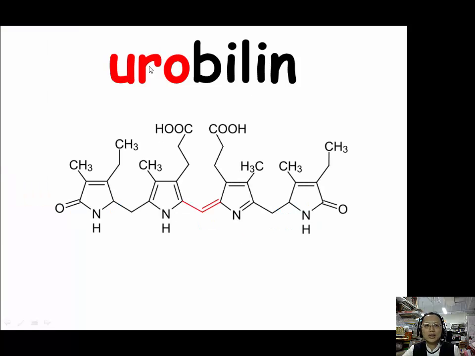For uro, our example is urobilin. Urobilin, as shown in the picture, is a brown pigment, oxidized form of urobilinogen, found in the feces and sometimes in urine left standing in the air.